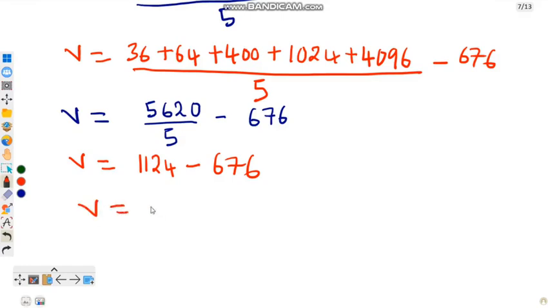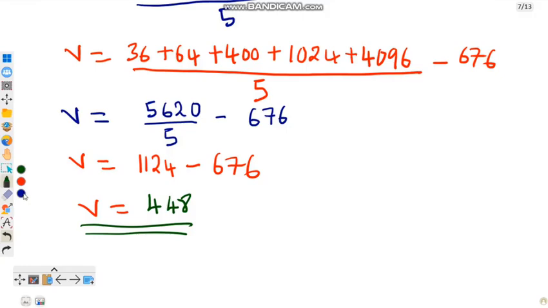When we take away 676 from 1124, it will give us 448. So our variance is 448.